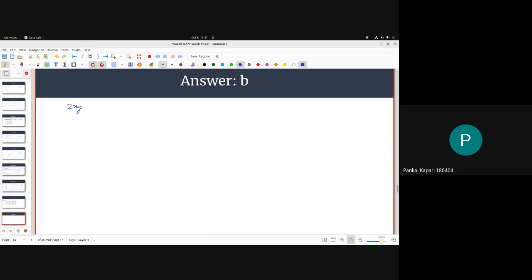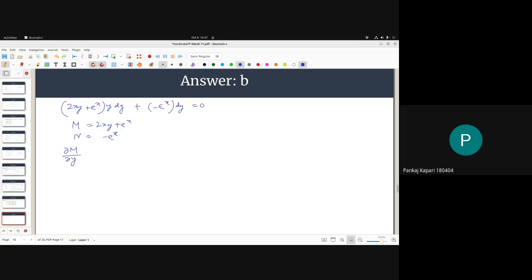It is (2xy plus e to power x) dy plus minus of e to power x dy is equal to 0. So here we have M as 2xy plus e to power x and N is equal to minus of e to power x. Let's check if the differential equation is exact or not.